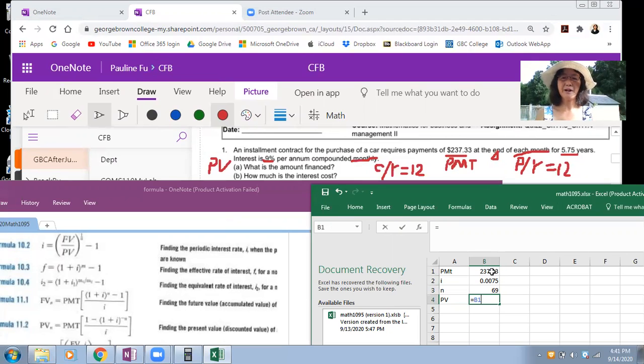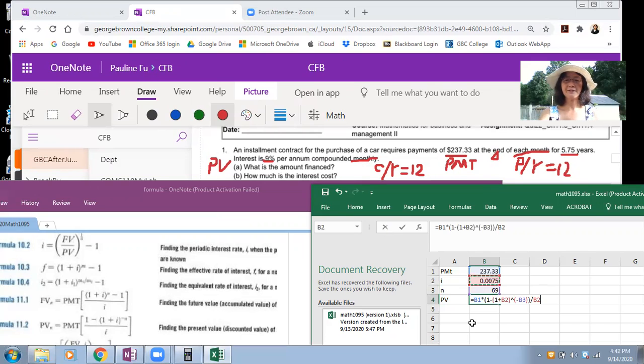So equal to PMT times bracket, and then 1 minus another bracket, 1 plus I, and then raised to power negative N, closing this bracket, closing that bracket, and divided by I. Okay. So that is the formula for present value of ordinary simple annuity.